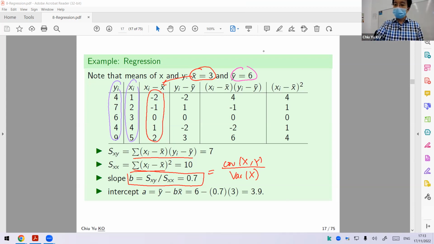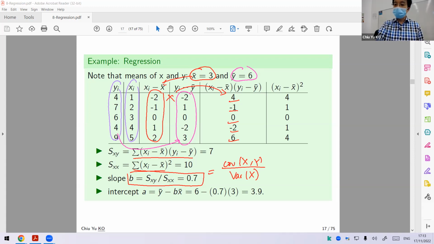You can also subtract all the numbers by 6, and you get this column. Then you cross multiply these two columns: -2 times -2 is 4, -1 times -1 is 1, 0 and 0 is 0, 1 times 2 is 2, and 3 and 6.